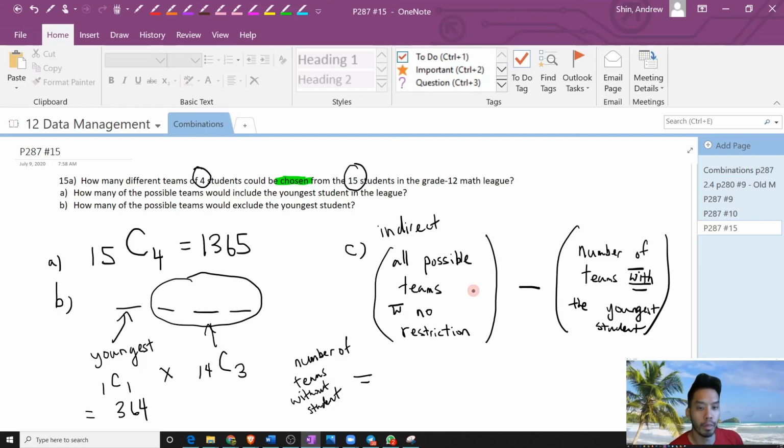So no restriction, so all possible teams, taking away the number of teams with the youngest student, we'll just be left with the number of teams without the youngest student.